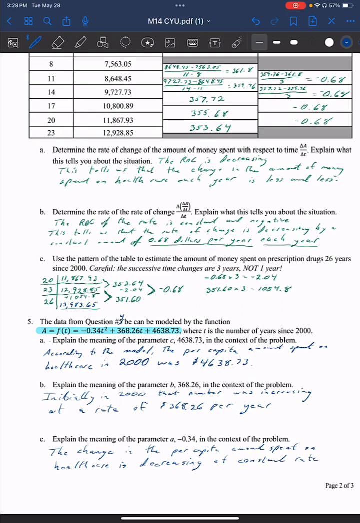So the change in the per capita amount spent each year is decreasing at a constant rate of $0.68 per year, each year or every year, however you want to say that.